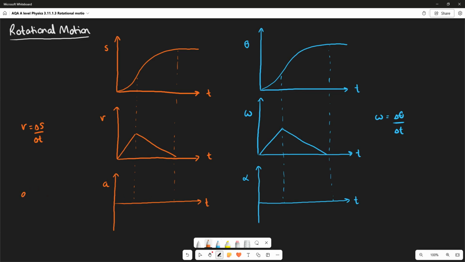We know that acceleration is the rate of change of velocity, and we know that angular acceleration is the rate of change of angular velocity. So again, the next two graphs will show the gradient of the one above. So we have a positive constant gradient, which then becomes negative.